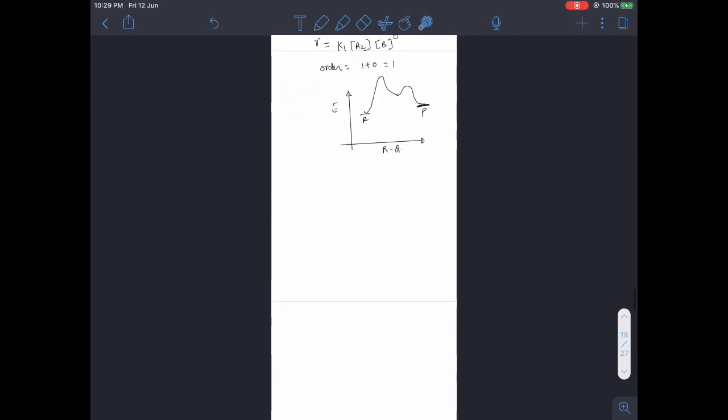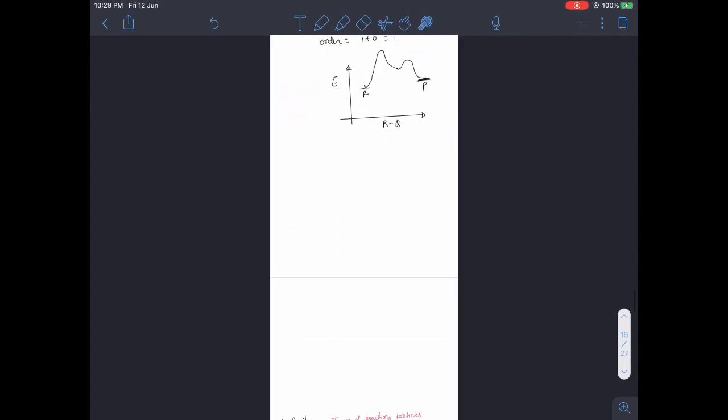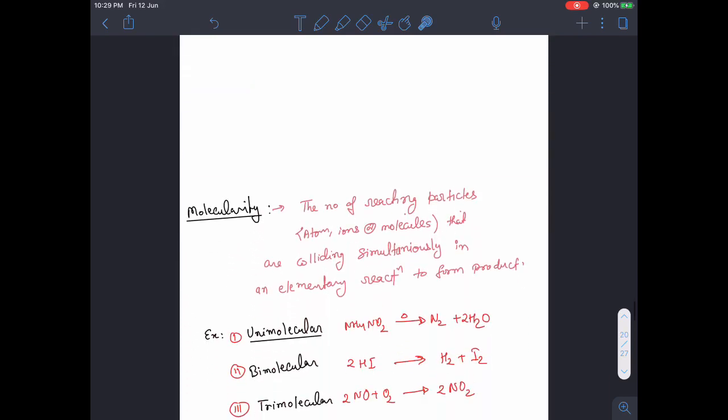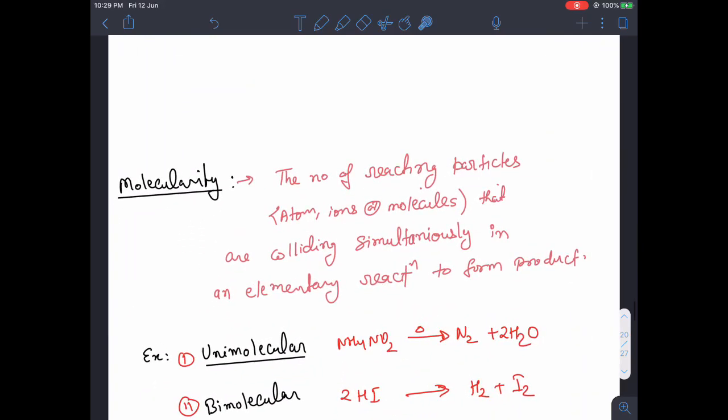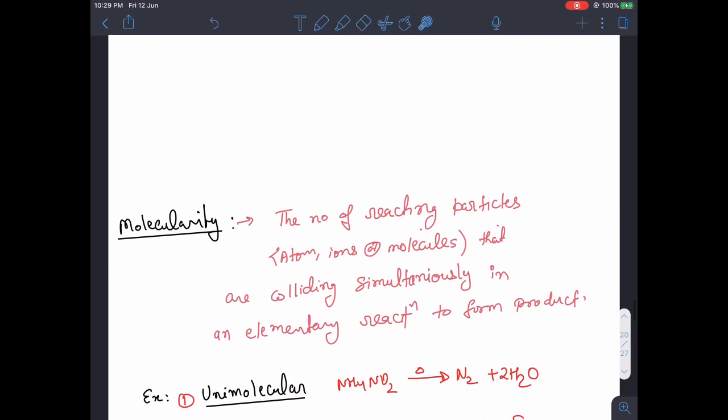Now, let us introduce one more very important term which is known as the molecularity of a reaction. Okay. So, what is molecularity, guys? Please first understand what molecularity is.